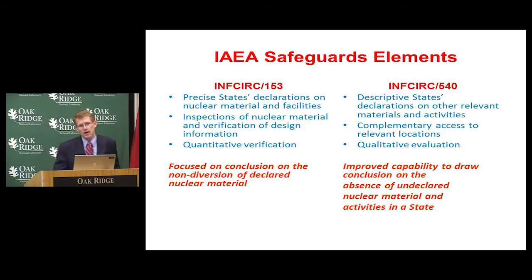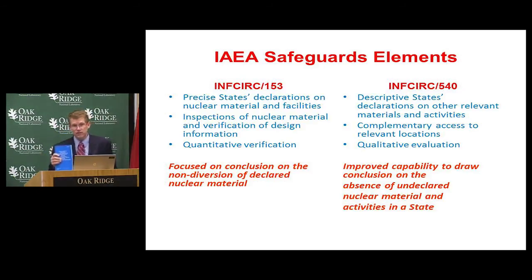This agreement came out in 1997, referred to as the Additional Protocol. It is INFCIRC 540, and again, it's on the IAEA website. It is additional because this is a protocol that is additional to the Comprehensive Safeguards Agreement as defined by INFCIRC 153.